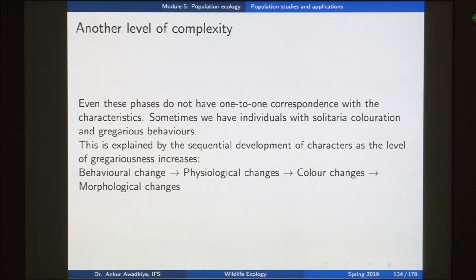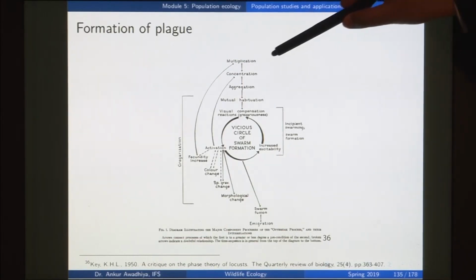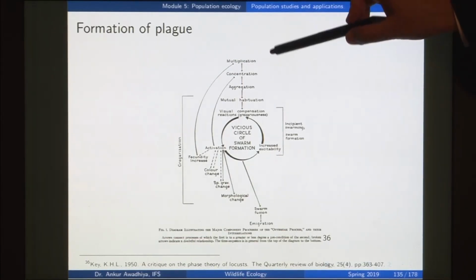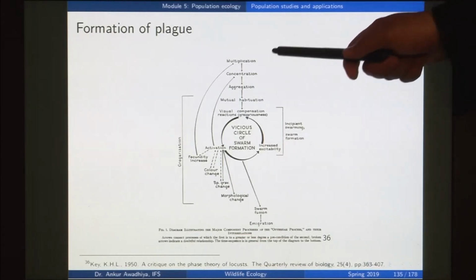So, with this level of understanding, we came to such a figure where we say that when there is a very high level of multiplication, so when the numbers are increasing, now these numbers could be increasing because of any number of factors. If, because of any factor, they are having more food or maybe a better climate, then the numbers increase.